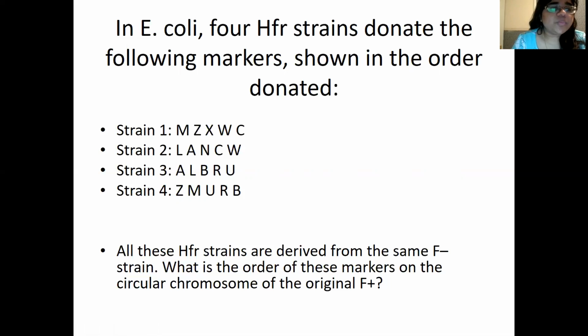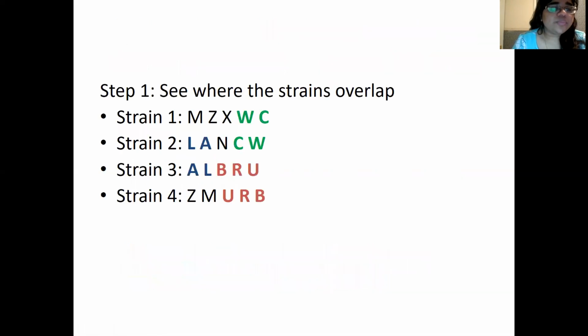So what do we do? We start off looking at where these strains overlap, right? So in this case, the first one overlaps with the second one at WC, right? So WC, it goes this way, and then AL matches here, goes this way. And then we have BRU copied here, and then MZ comes back towards the 4, comes back to 1.